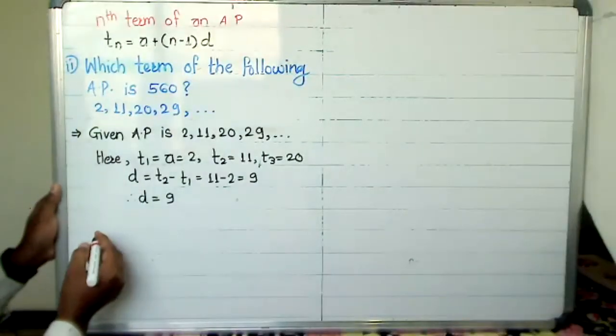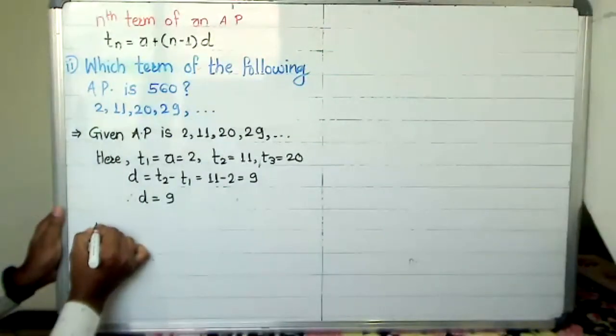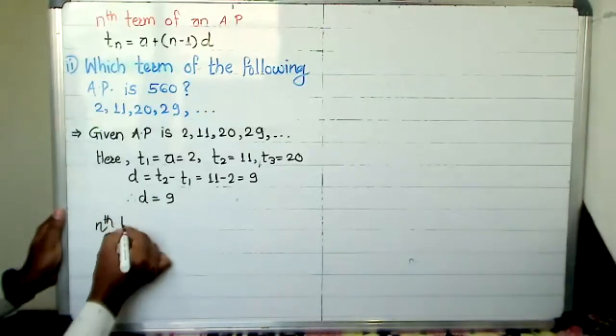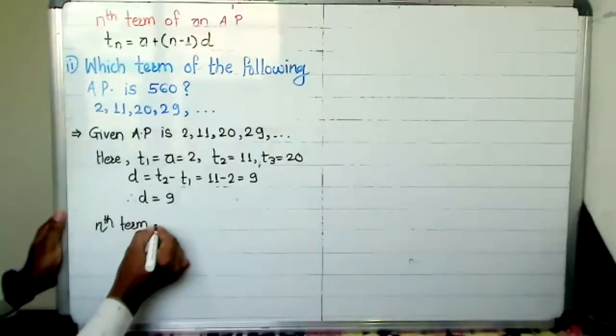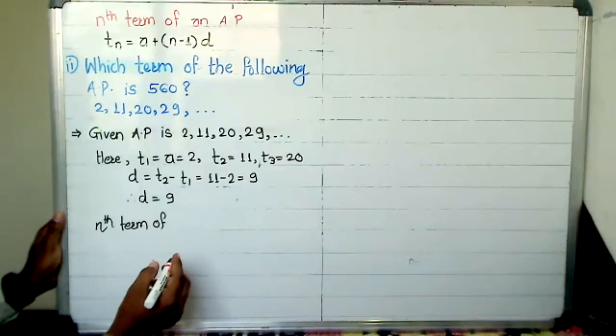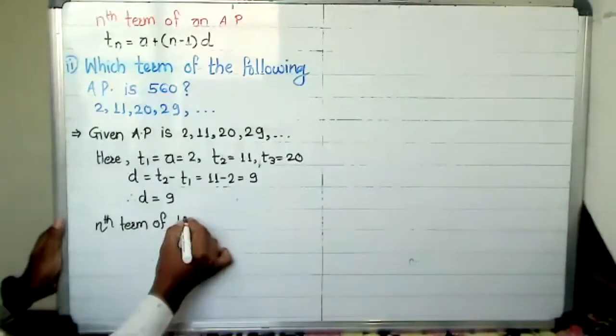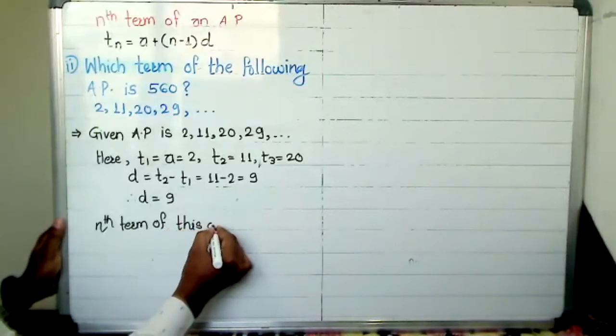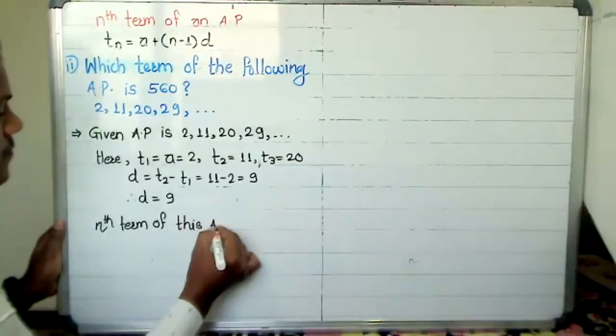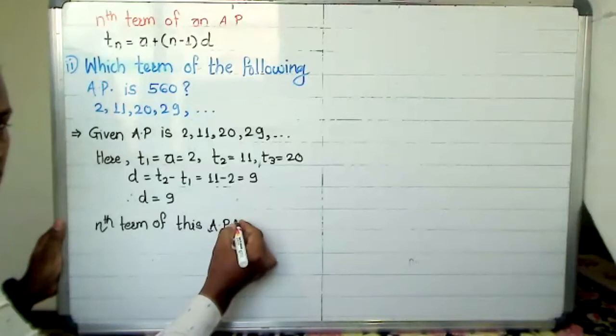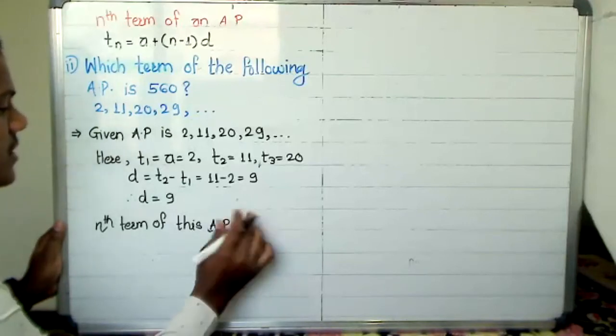So we will assume the nth term of this AP is 560.